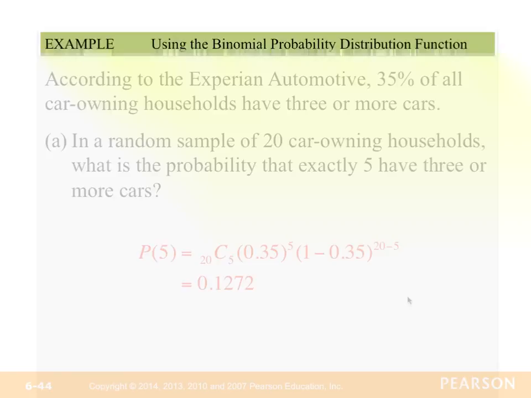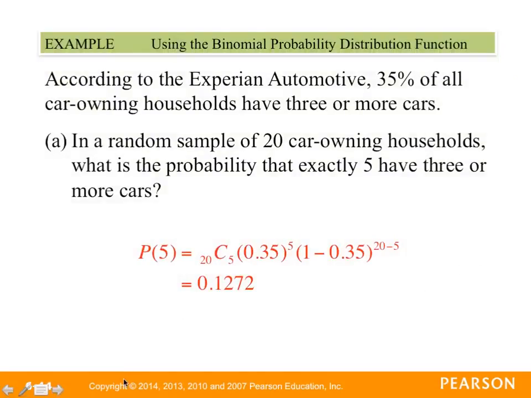So the first way of doing this is using your formula. This is good to do a few times to make sure that you understand how the formula works, but I'm also going to show you how to get this value from a table. So if we have the probability of 5, we know that n equals 20. So what we're doing is we're taking nCx, so 20C5, and then we take our probability of success.